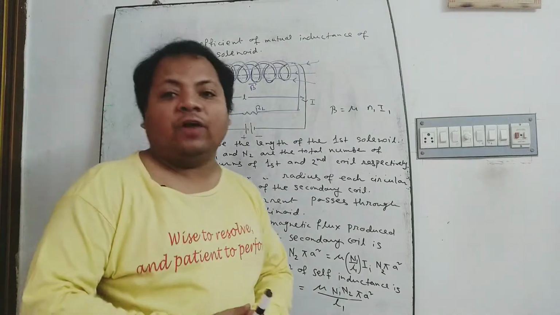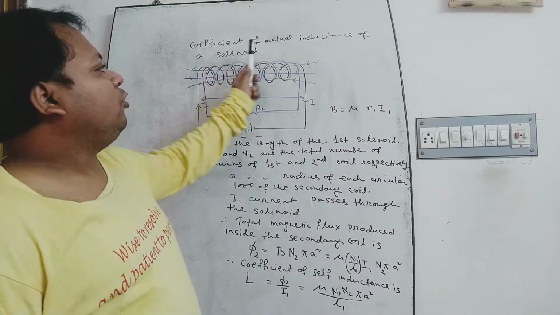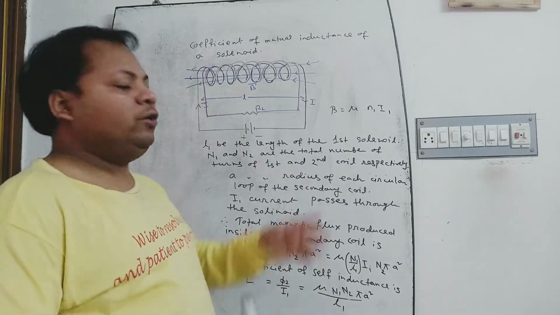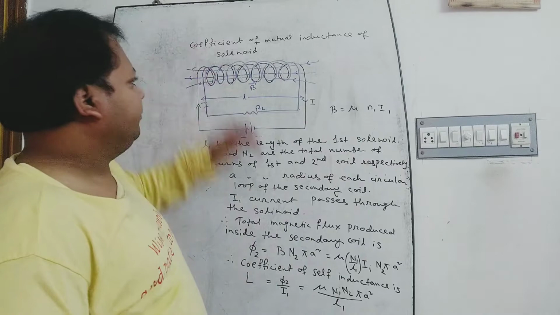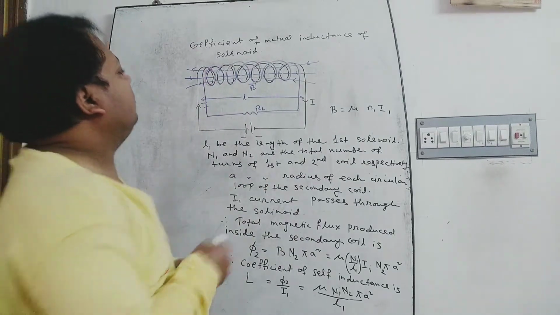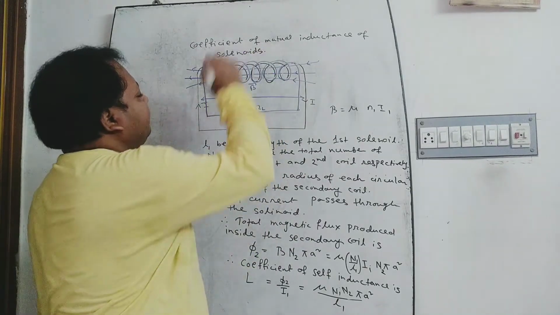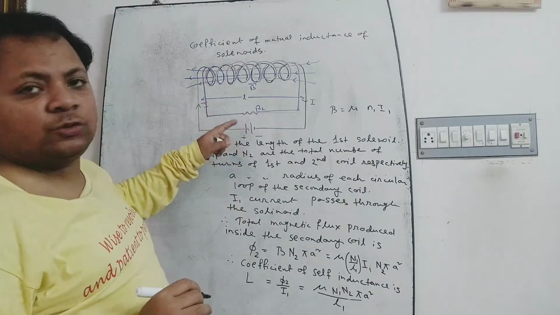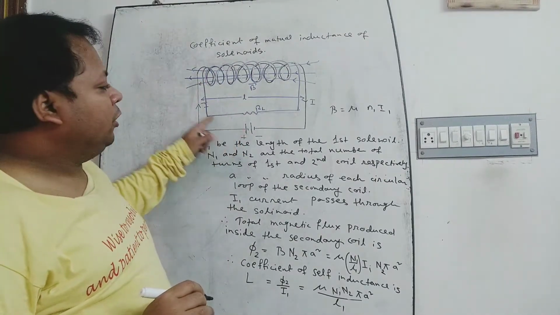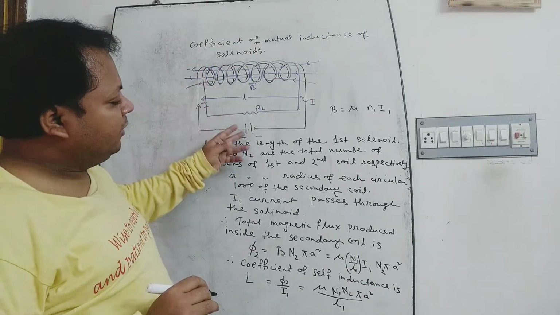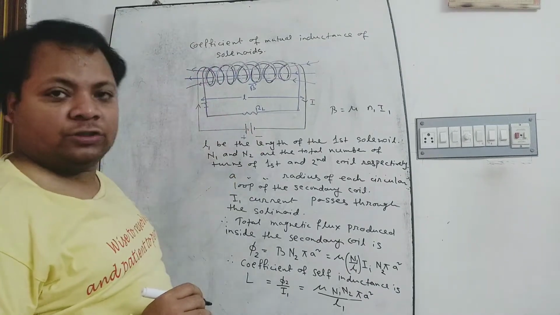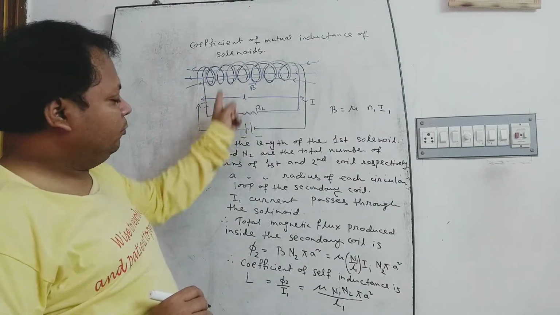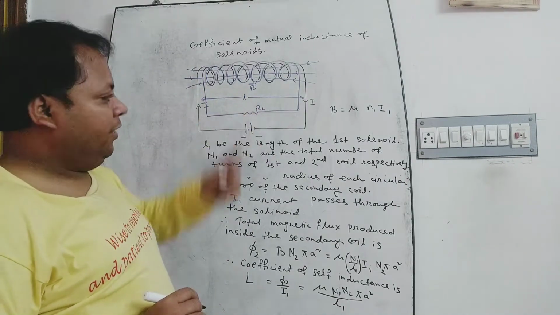Now I am going to find out the coefficient of mutual inductance of two solenoids. Here are two solenoids. One is attached with a battery or current source, and another is attached with a load RL.